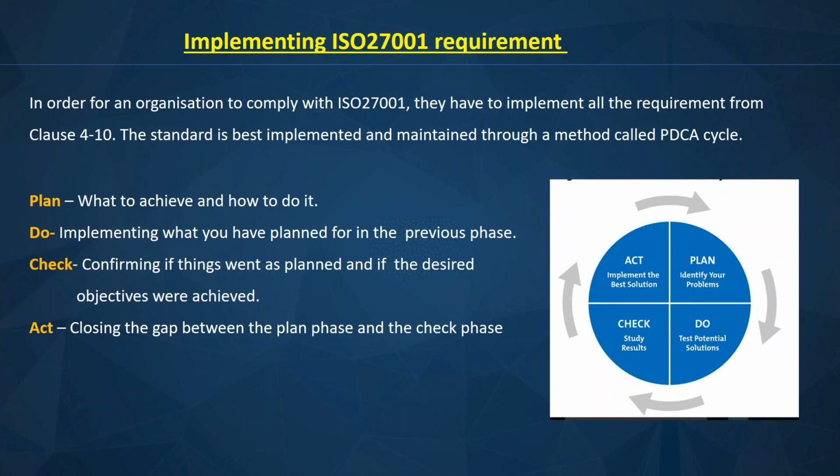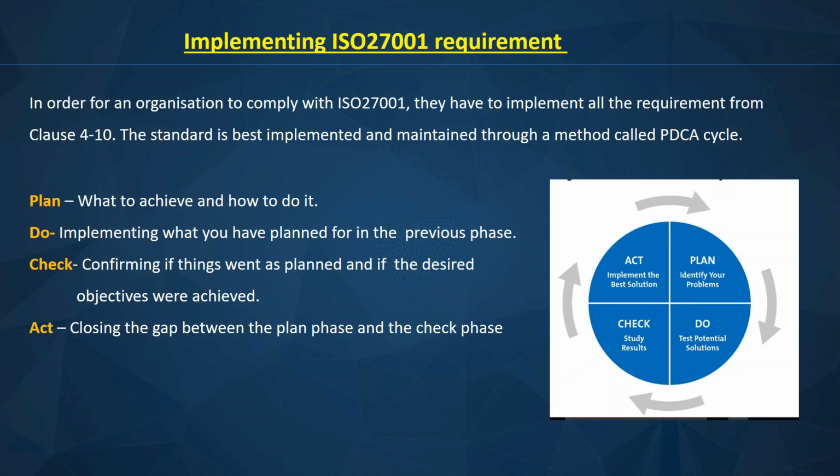So if you take your ISO 27001 from page 1 to page 9, these are the requirements. In order for you to comply with ISO 27001, you need to implement these requirements.